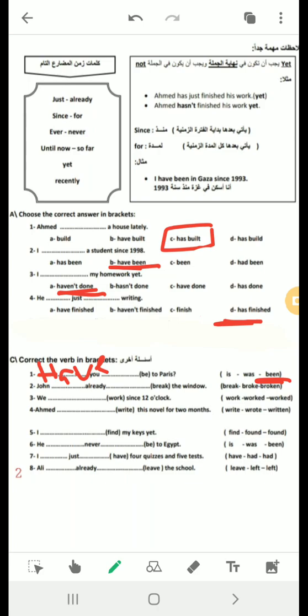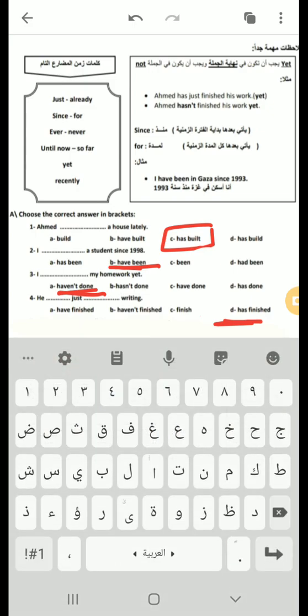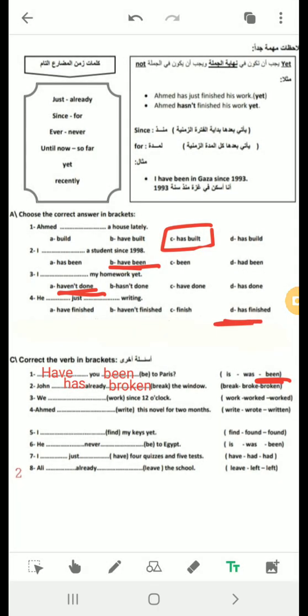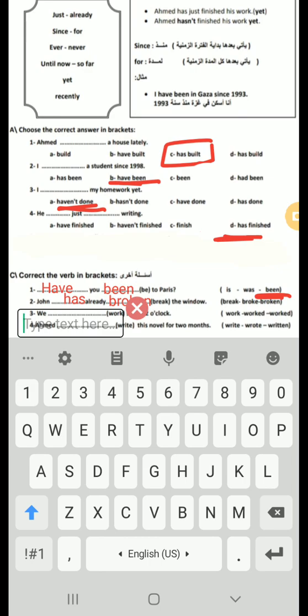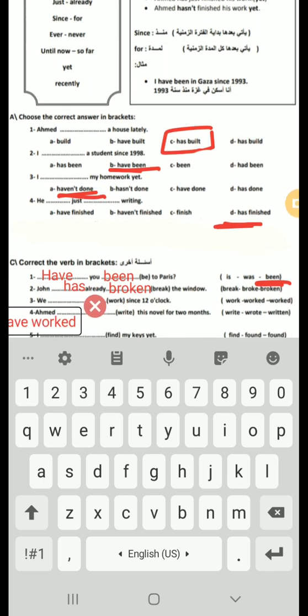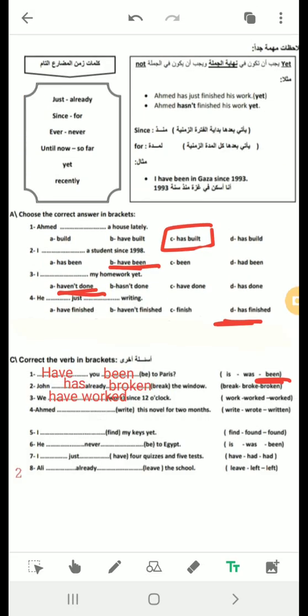John has already broken the window. Here we work since 12 o'clock. We have worked here.